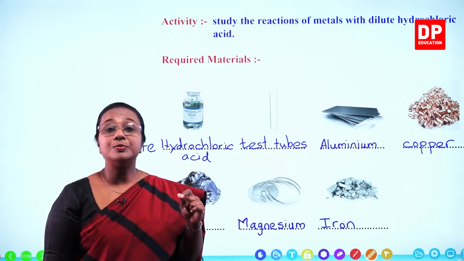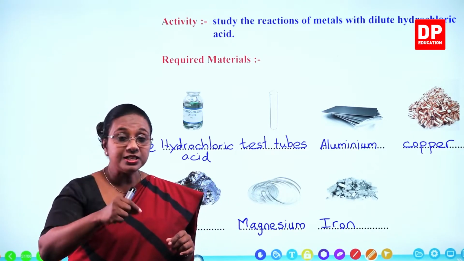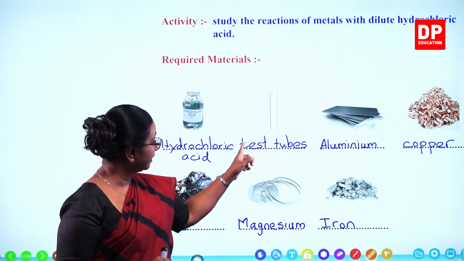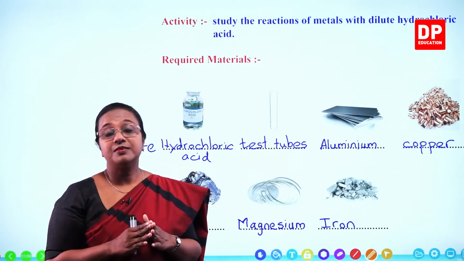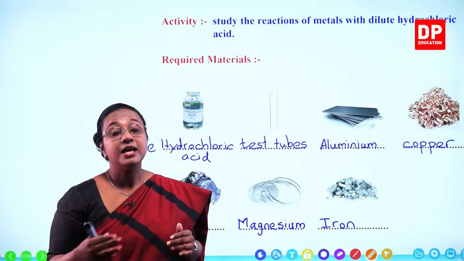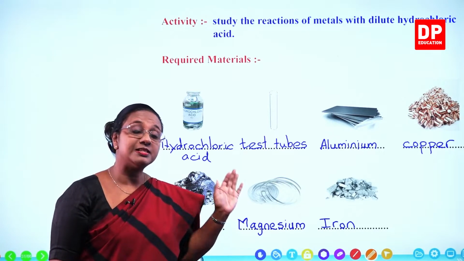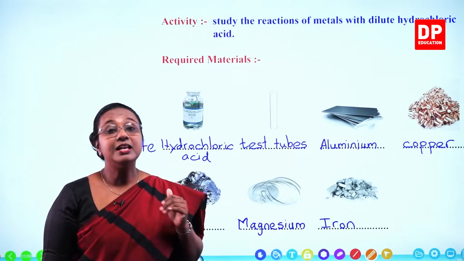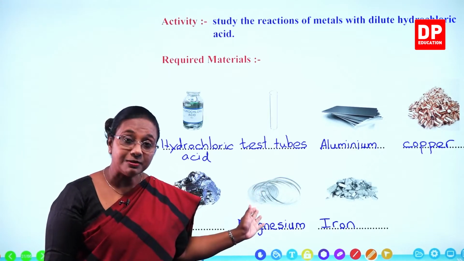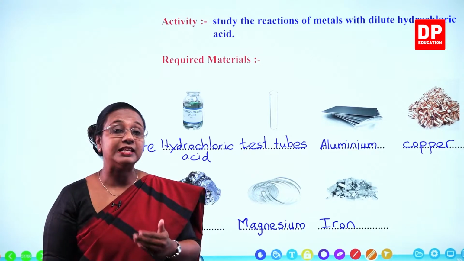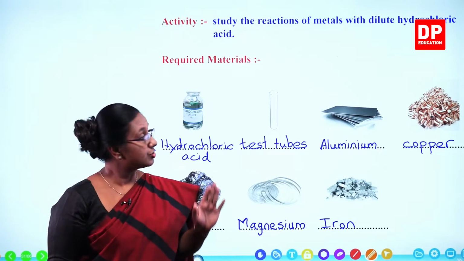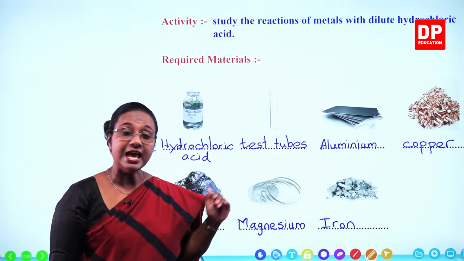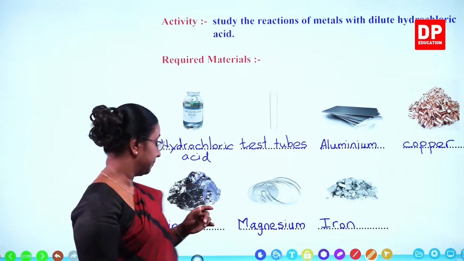Then we put each metal piece into the respective test tube containing acid, and we observe the rate of fizzing. Rate of fizzing means when these metals react with acid, they will liberate a gas, and it will be hydrogen gas. So we look at the rate of fizzing. That will be the activity. Let us look at the procedure again and then we will do the activity.